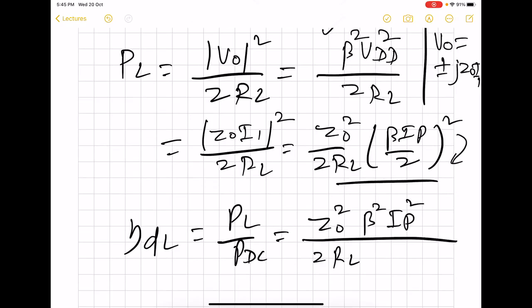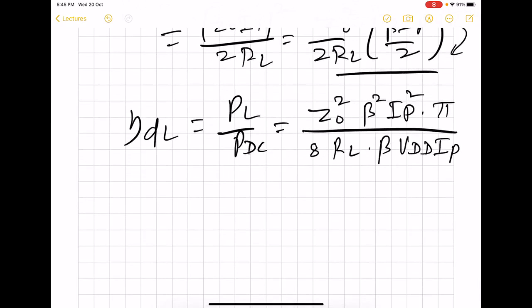In fact, it will become 8 RL, and then beta VDD IP by pi. So this will simplify to pi by 4. Now we can write Z0 and RL in terms of RLB.